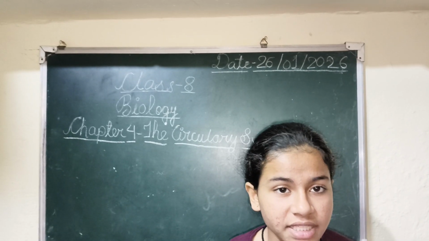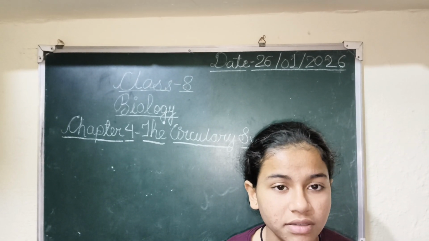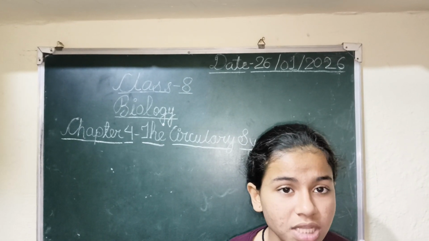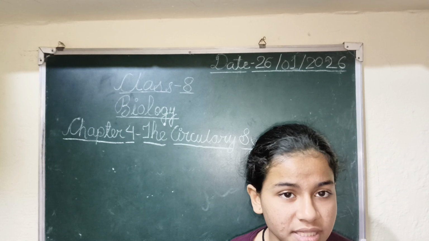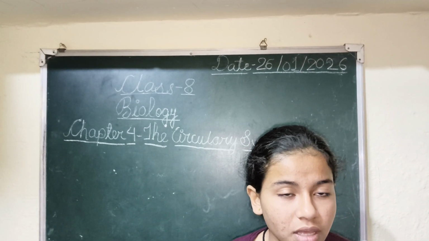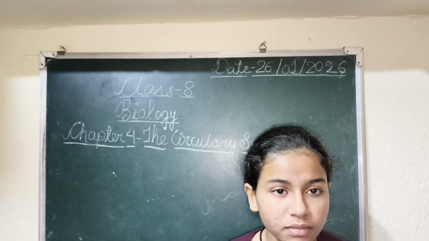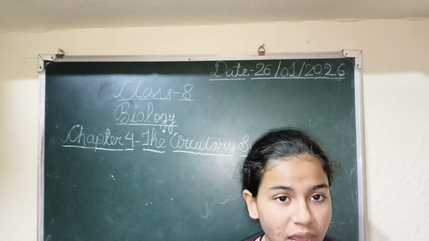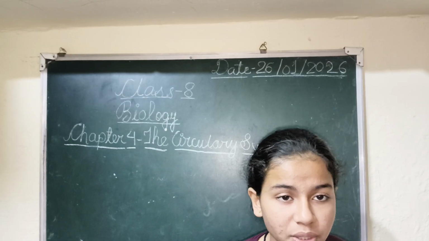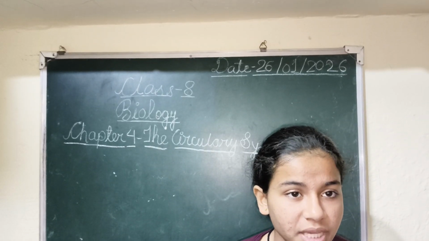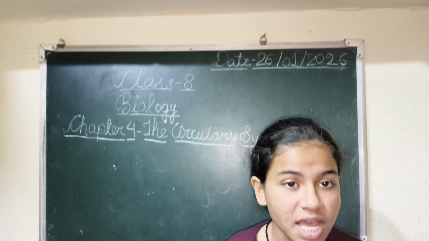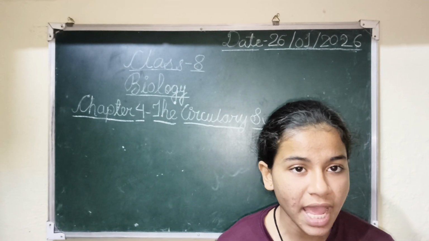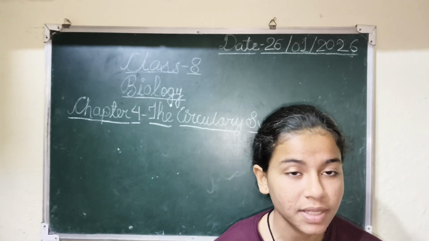And in cardiac arrest, the heart skips beats, and then the person may die, because the cardiac muscles are the ones pumping, creating the pressure so that they may send the blood to the parts of the body and to small organs.